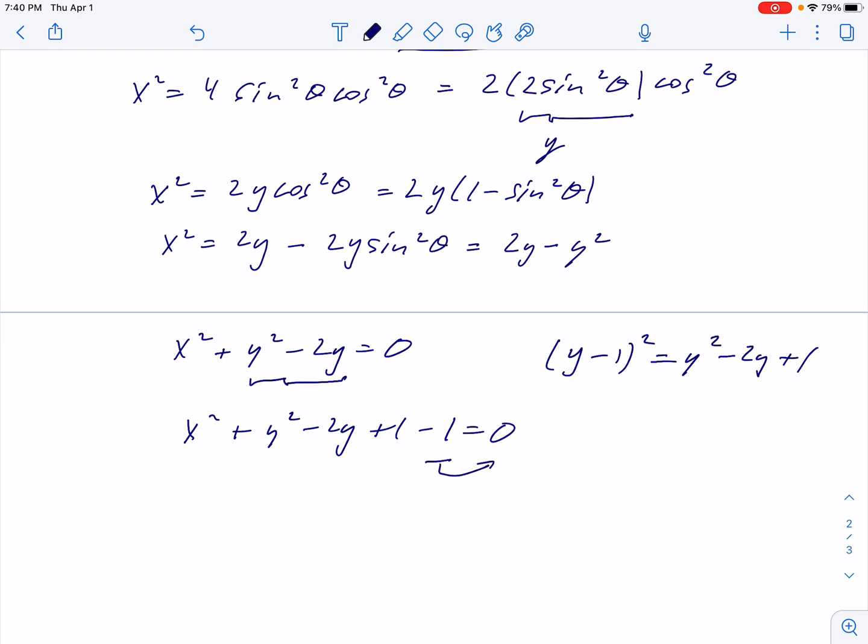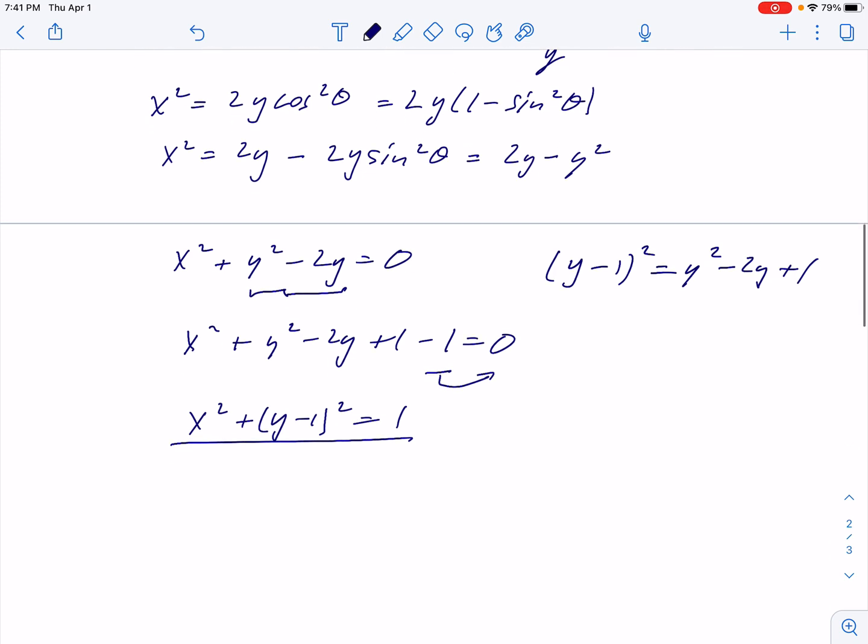This 1 we shall bring on the right side, and here we have x squared plus y minus 1 squared equals 1. We can recognize here a circle with center 0, 1 and radius 1.